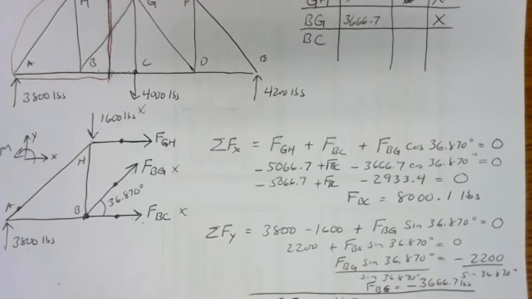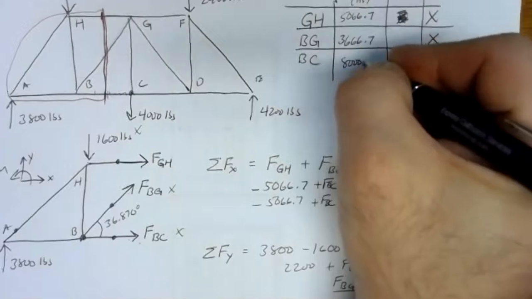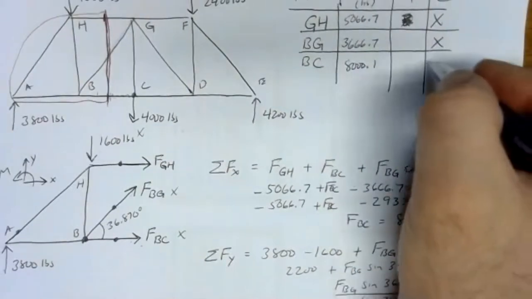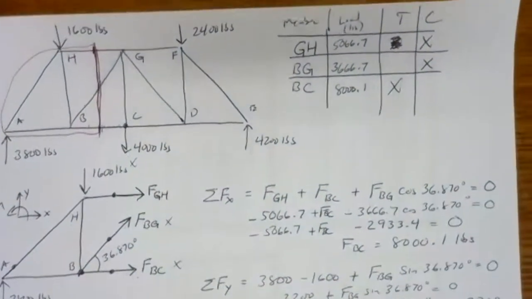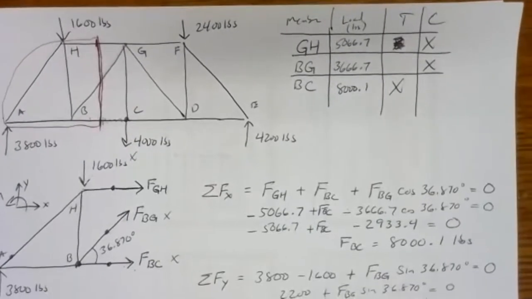Being pulled on means tension. So we have 8,000.1 pounds in tension. So there's the table before rounding anyway. Member GH and BG are in compression, and member BC is in tension.